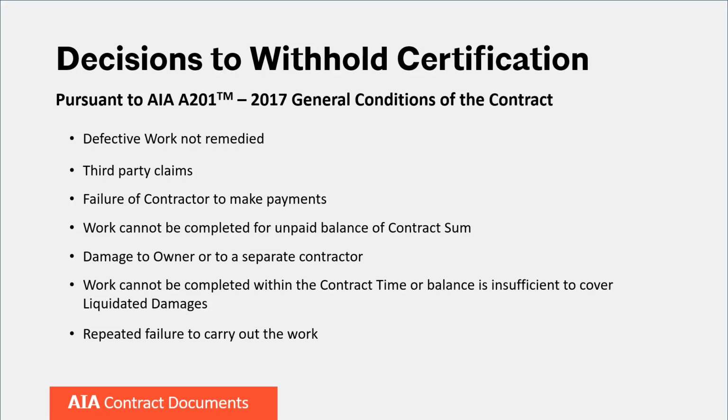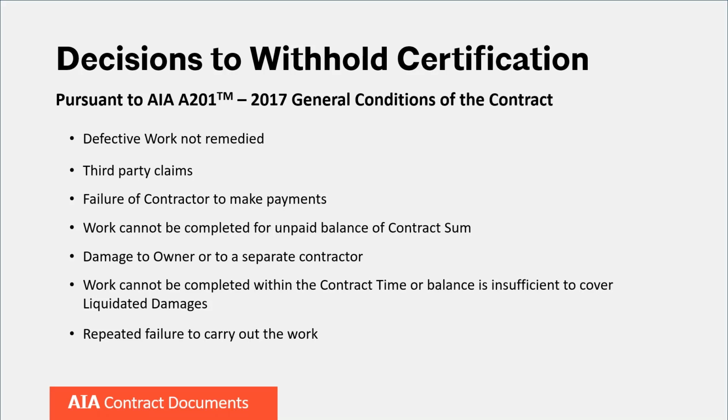There could be defective work that has not been remedied. And if that is the case, there may be records of what was the defective work and what action was required to be taken and who was responsible. And you would want to make sure that that has been clearly documented and can be referred to in the future.